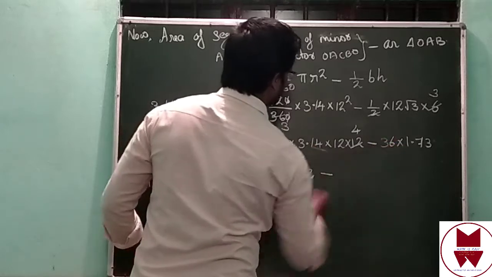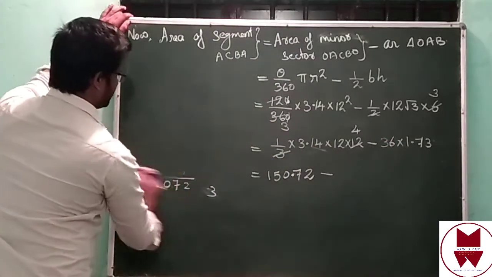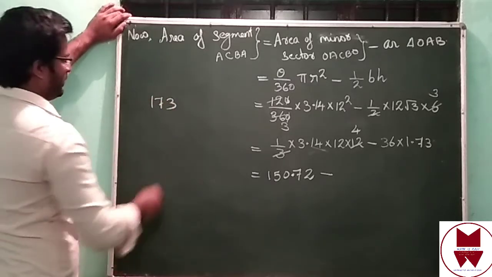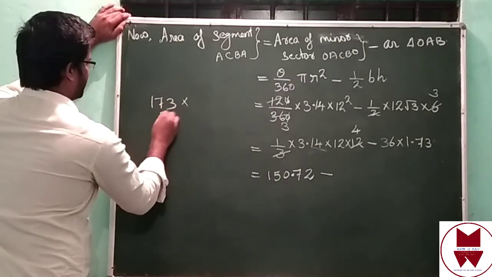Minus this 36 into 1.73. We can do 1.73 into 36.